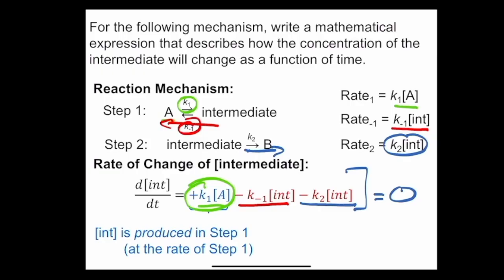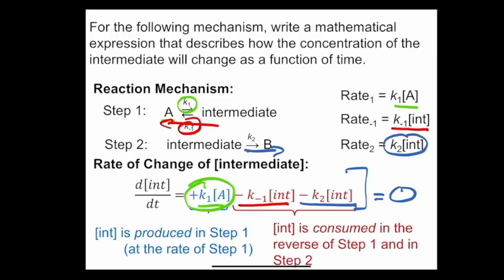The d intermediate, dt, the rate of change of intermediate, is not changing. So if we have the formation in our step one, and the two consumptions in step two, we're saying that everything has to balance. Those rate constants must be such that the concentration of intermediate is held constant as this reaction runs.